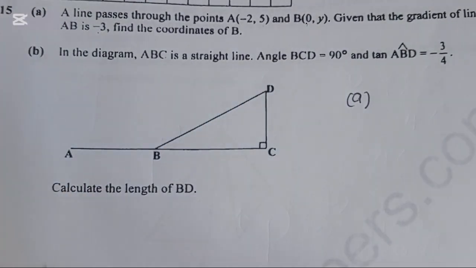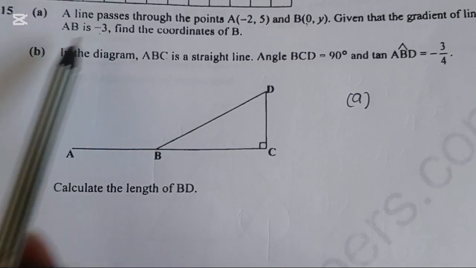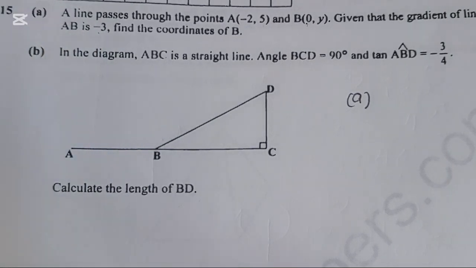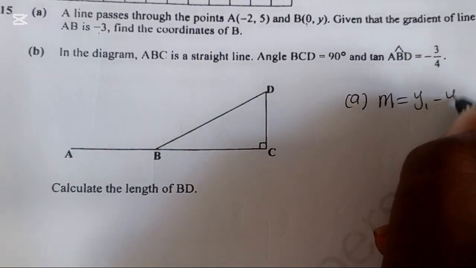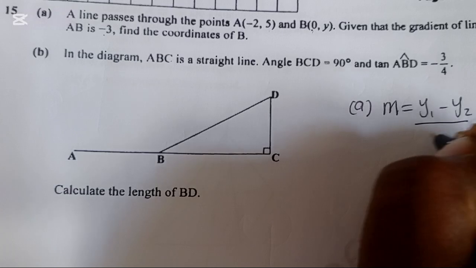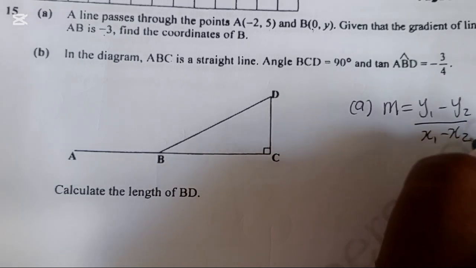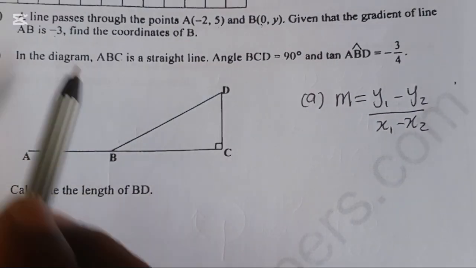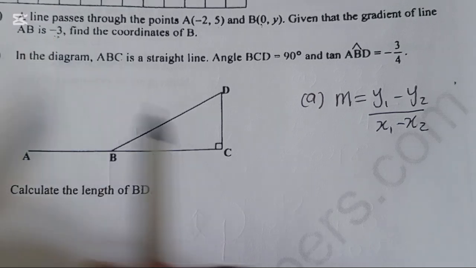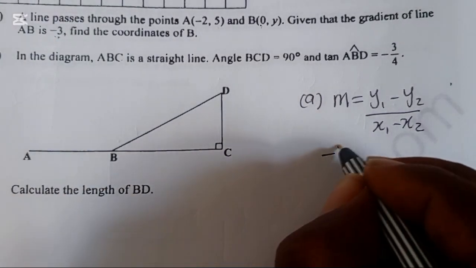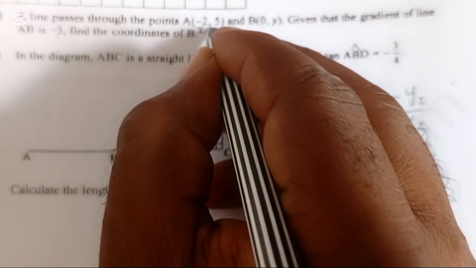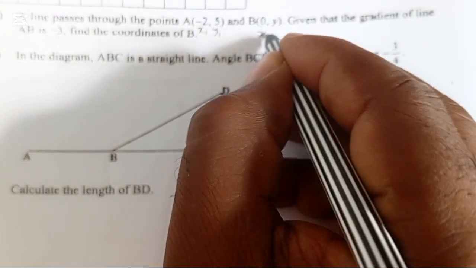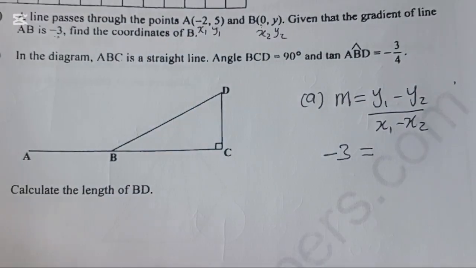So since gradient is given to be -3, we are going to use the formula for gradient. So gradient is equal to y1 minus y2 over x1 minus x2. So gradient is -3, so where there is m, I'll put -3. So this is x1, y1, x2, y2.